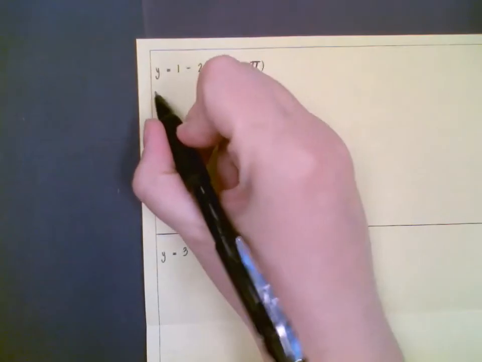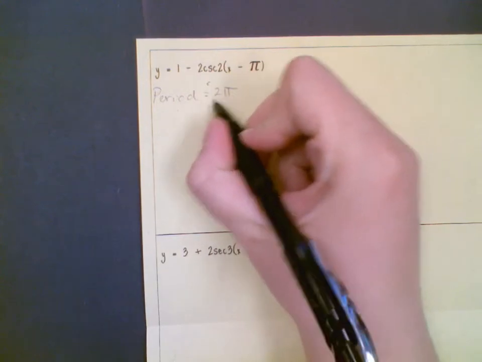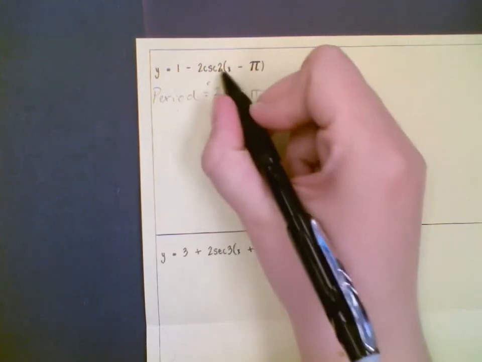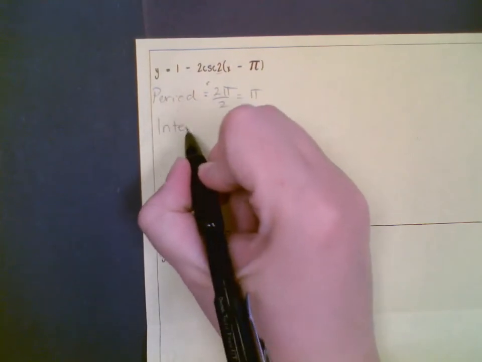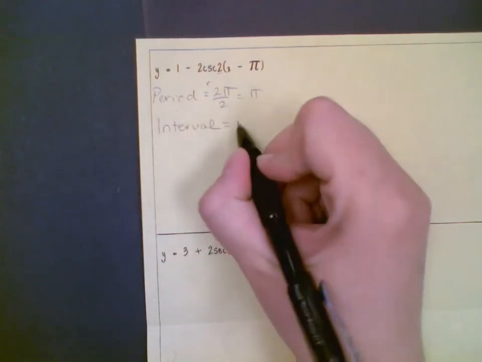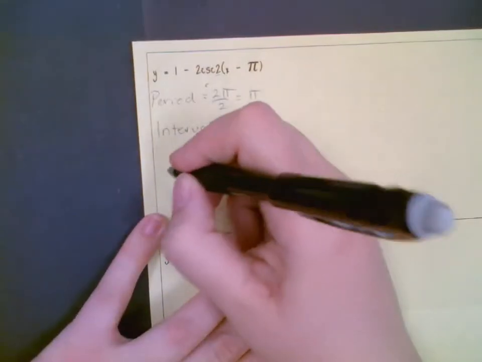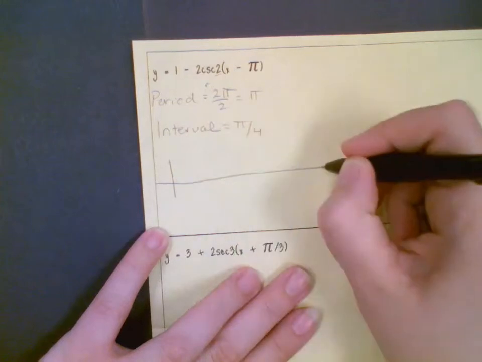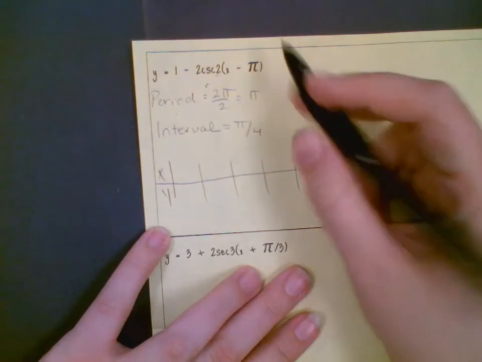So our period is 2 pi over 2, which we get is pi. Remember, we take that b value. So our interval would be our period divided by 4. Okay, so remember, with sine and cosine, our first value is our shift.